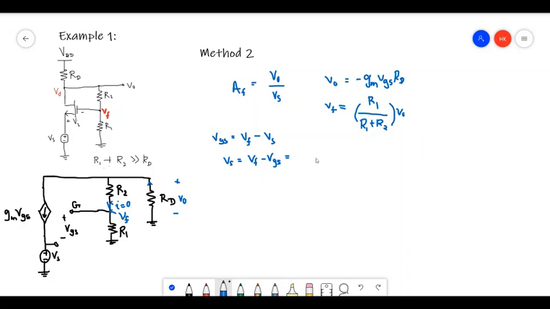So here Vf is R1 over R1 plus R2 times V out.